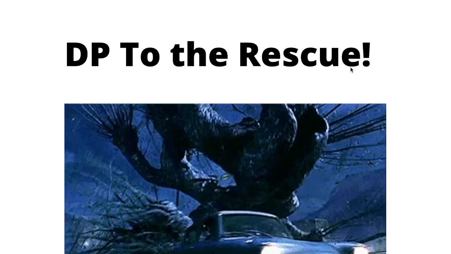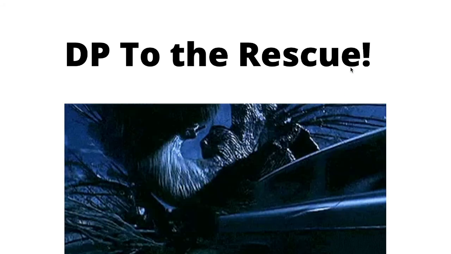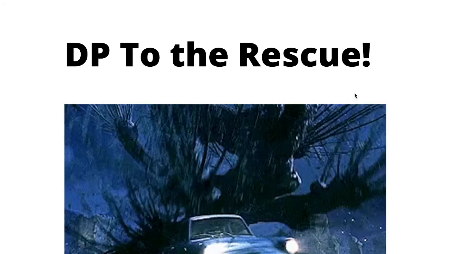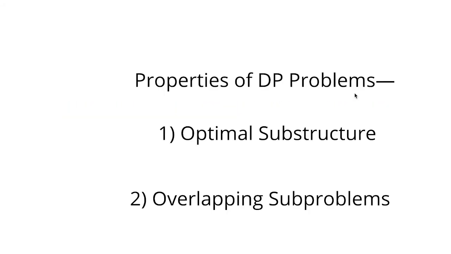Any problem that can be solved using dynamic programming has the following two properties. It has an optimal substructure, and it also has overlapping subproblems. Optimal substructure means we can obtain the solution to the overall problem by recursively solving the subproblems. And if we can obtain the solutions to the subproblems, we can construct a solution to our original problem. That happened to be the case with LCS.